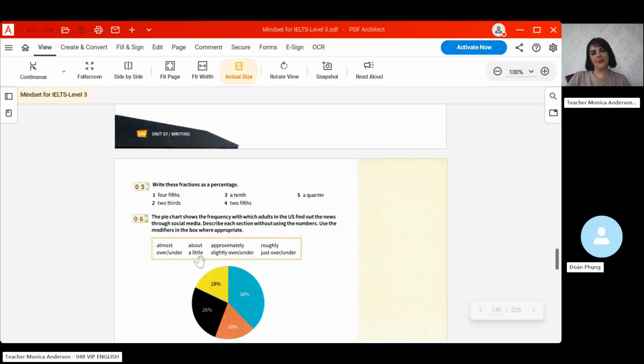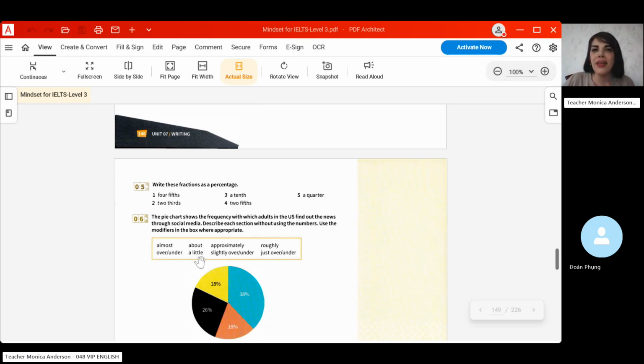Approximately about 33%. So just for a percentage, when we write a figure or number, we don't say approximately. Approximately is for fractions. When we have a phrase for 2/3, it's 67, 66%, maybe 66 or 67%. So yes, this is true.